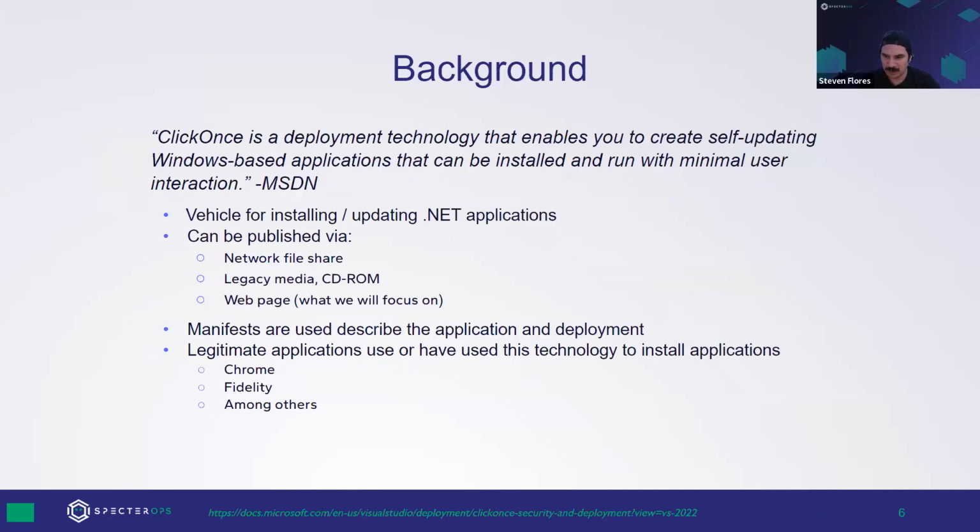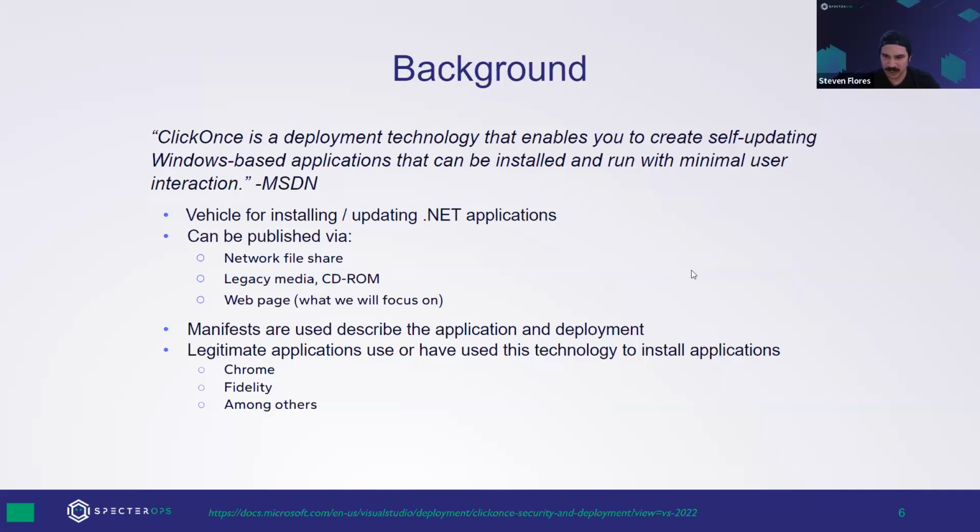There are multiple ways that this can be deployed: network shares, file shares, if it's something that's developed internally for an organization. Legacy media like CD-ROMs had the ability to also deploy ClickOnce applications. The most common use case, which we'll focus on today, is through web downloads or web apps, a way that ClickOnce applications can be deployed.